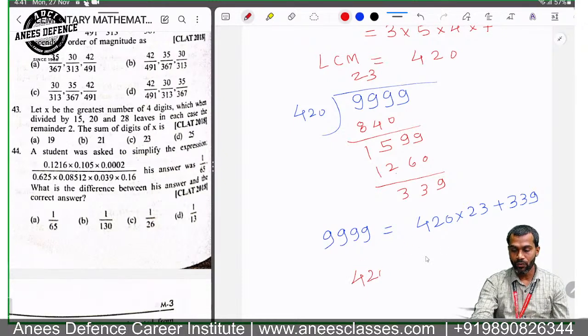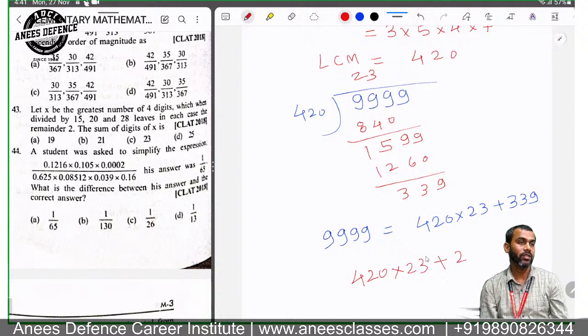So the number should be 420 into 23 plus 2. That is the largest 4-digit number. Remainder is 339 if you divide the largest number by 420, but we don't want remainder 339. So 420 into 23 plus 2 will be your number.